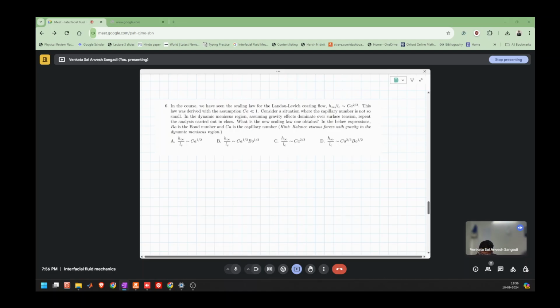Now, in the course, we have seen the scaling law for Landau-Levich coating as given.